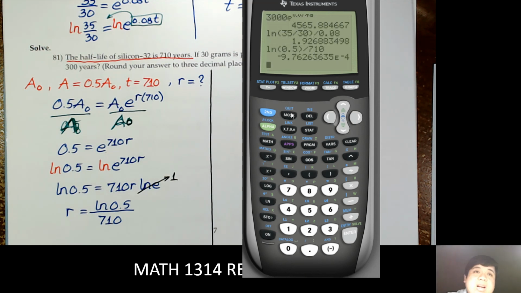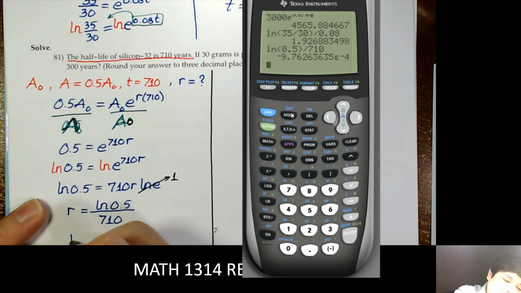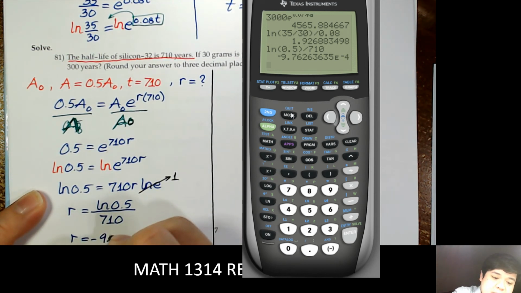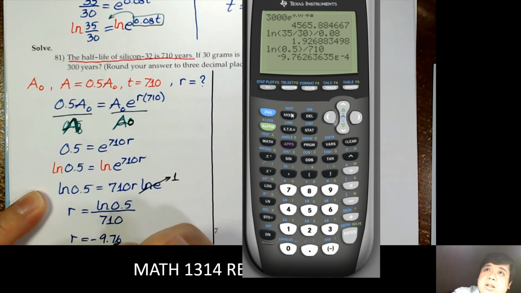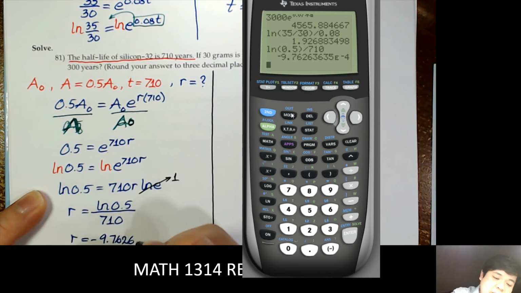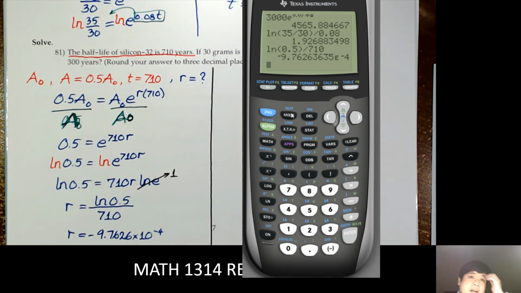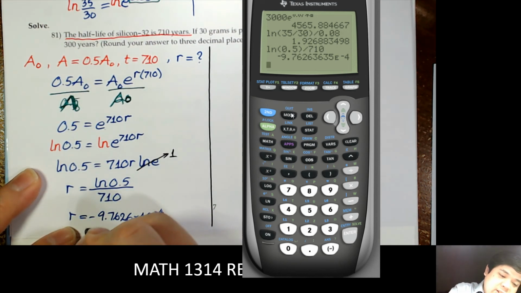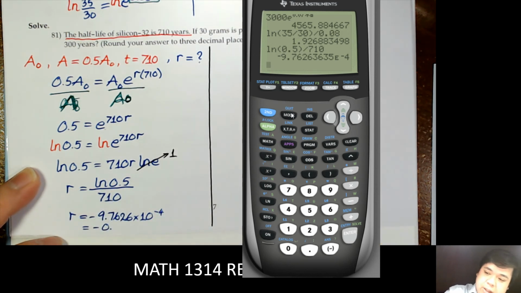So let's just write that number first. Negative 9.7626, the e meaning times 10 to the negative 4, meaning that we move the decimal point 4 places to the left, so negative 0 point.